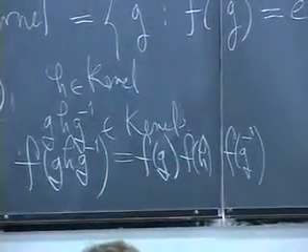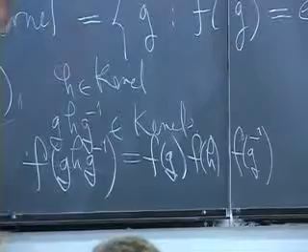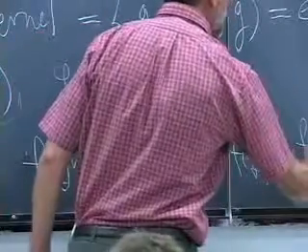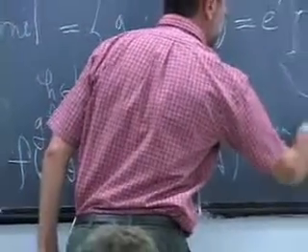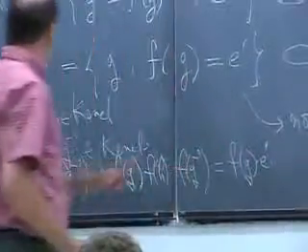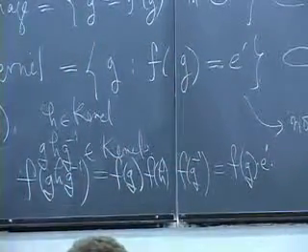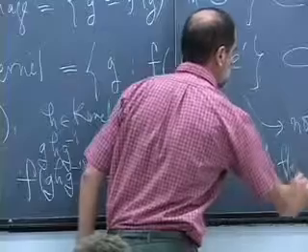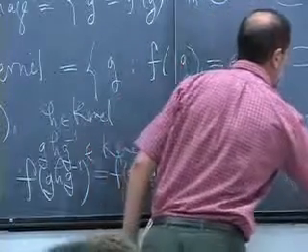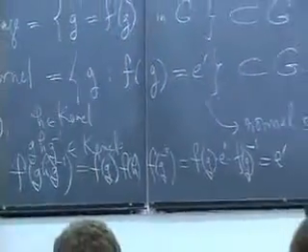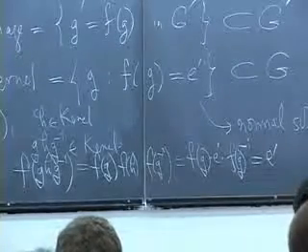Now the fact that h is in the kernel means that f of h is the identity element. So this becomes f of g times the identity element times f of g inverse, which is the inverse of f of g, which is just the identity element. So that's why the kernel is closed under conjugation.